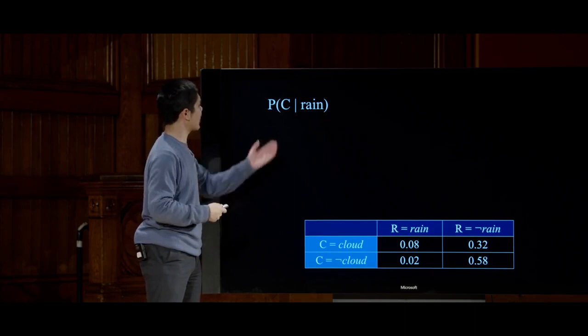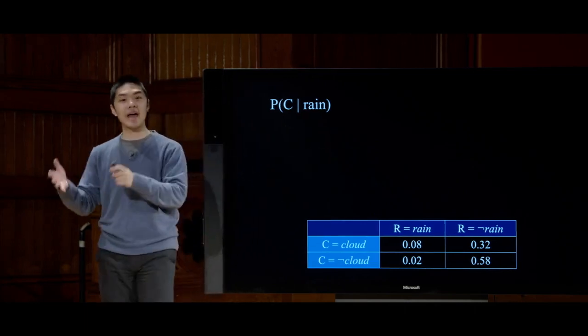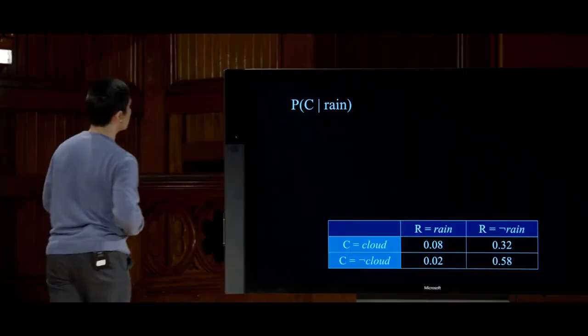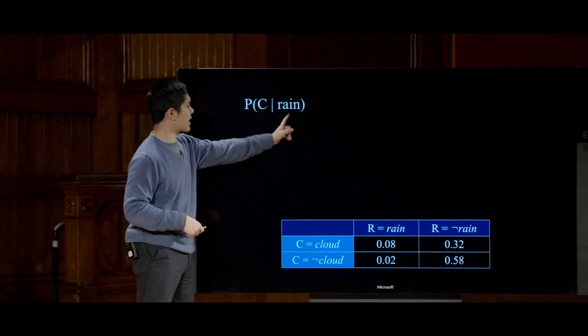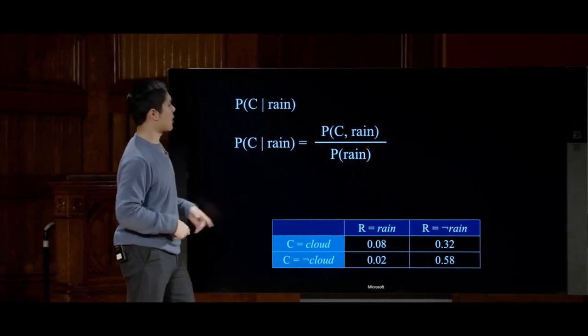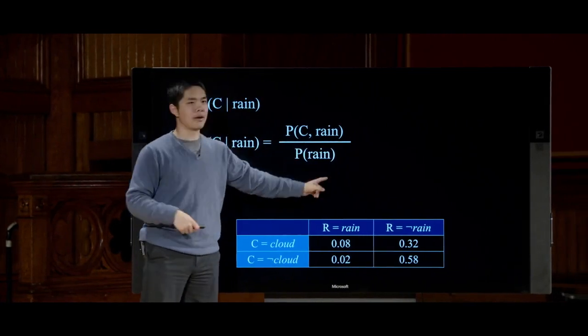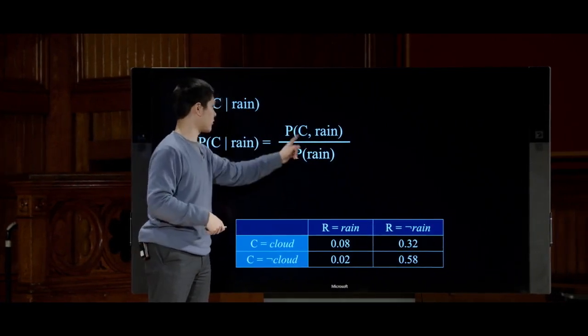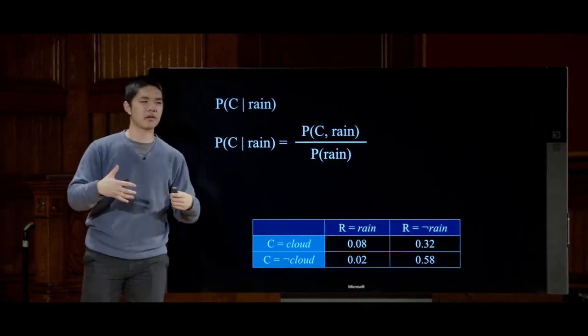And what do we know about how to calculate a conditional probability? We know that the probability of A given B is the probability of A and B divided by the probability of B. So I can calculate the probability of clouds given that it's raining as the probability of clouds and raining divided by the probability of rain. This comma here stands in for the word and.